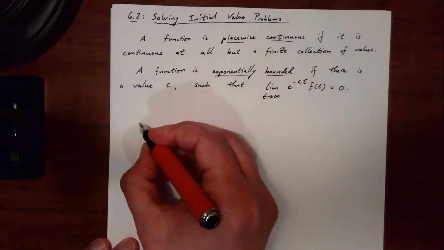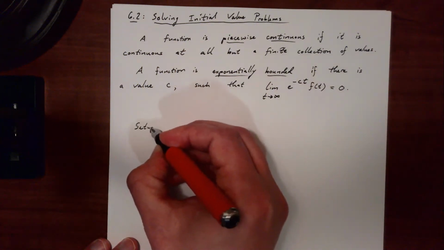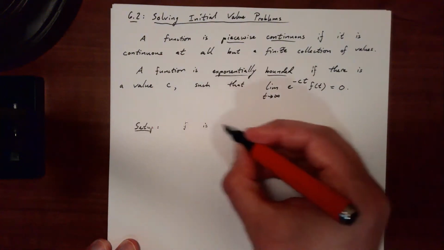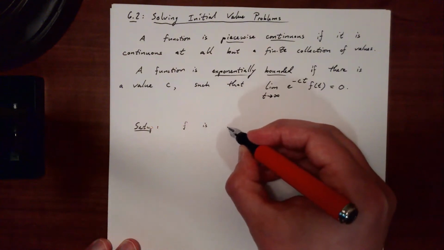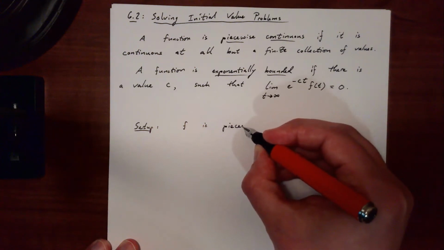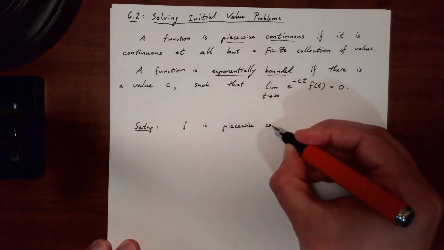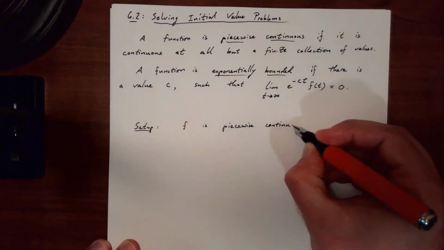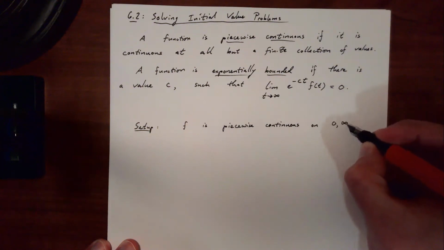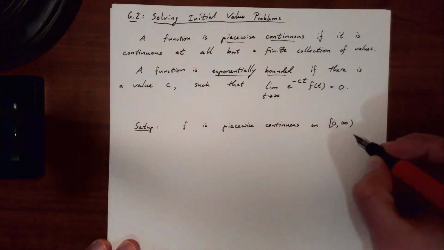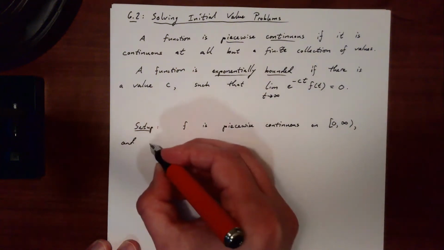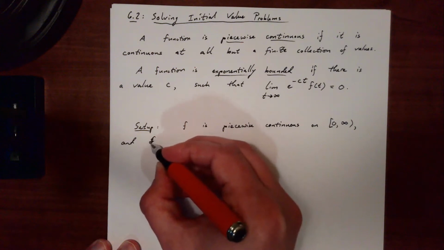Okay, so here's the setup then. We're going to assume that f is piecewise continuous, sorry, piecewise continuous on the interval 0 to infinity, and exponentially bounded.